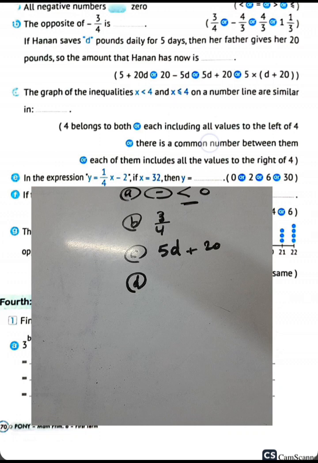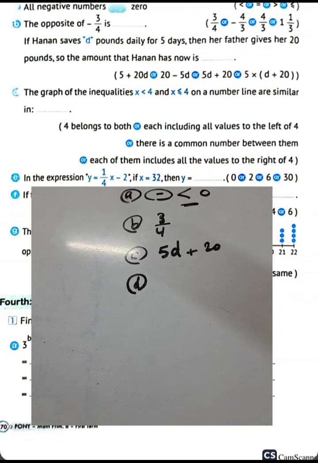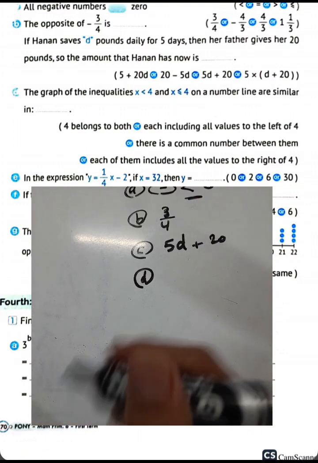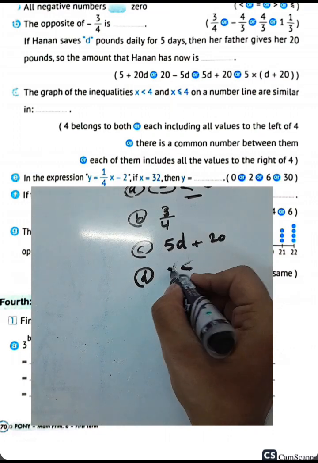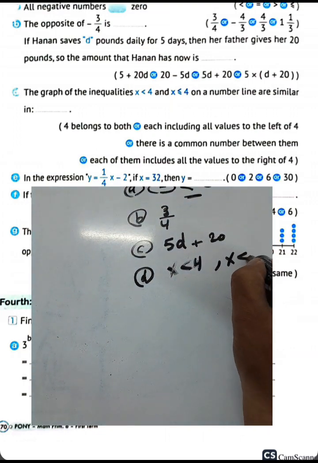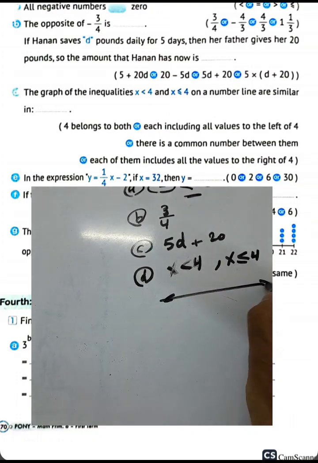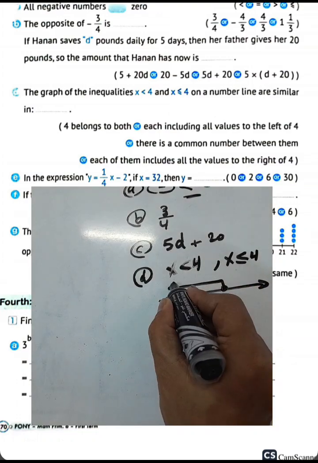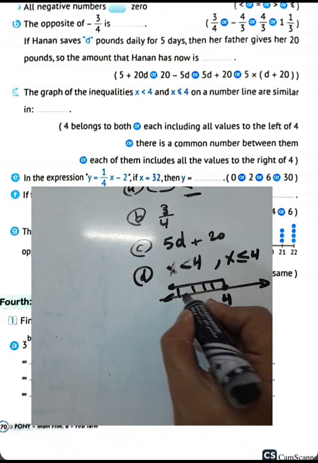Each of them includes all the values to the left of 4, because 4 does not belong to the first, and x less than or equal to 4 means all numbers less than or equal to 4.